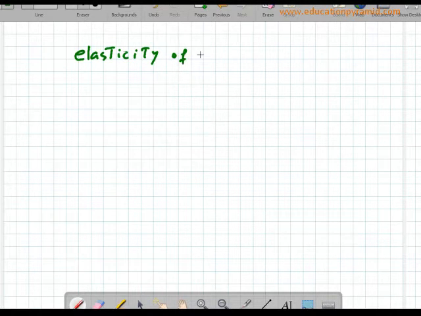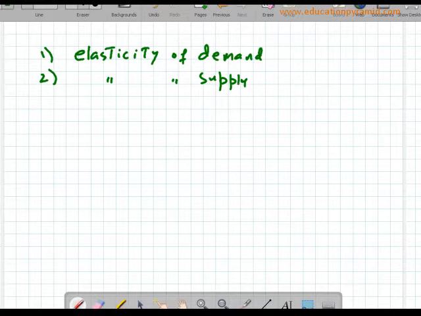In economics, we normally discuss elasticity of demand and elasticity of supply. And in both cases, these two elasticities depend on the factors which determine demand and the factors which determine supply.